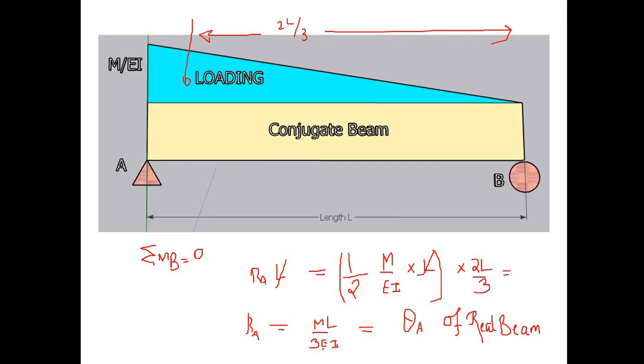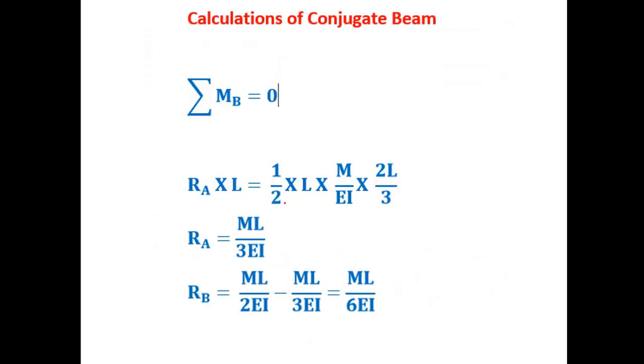So ML by 2EI minus ML by 3EI, obviously you will get ML by 6EI. So the first step is carried out and RA is found, and in the second step RB is calculated: the total load is half into M by EI into L, so ML by 2EI minus RA, and RA is ML by 3EI. So ML by 2EI minus ML by 3EI gives ML by 6EI.